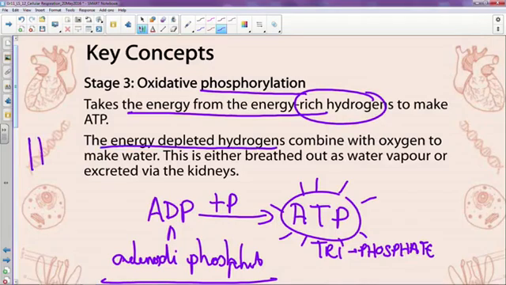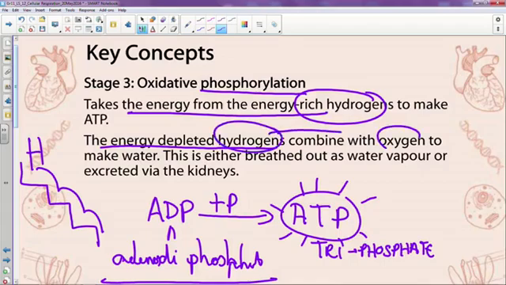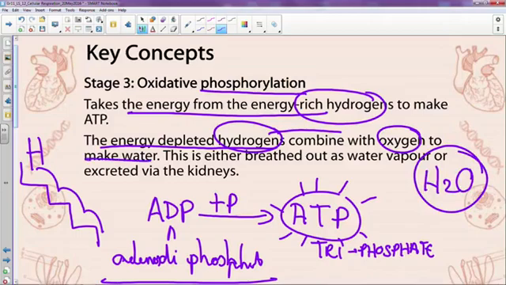So hydrogen, guys, is highly energized, and through a series of cyclic steps gradually starts losing its energy in what we call the energy transfer system, to eventually become de-energized. That de-energized hydrogen combines with oxygen to form water as a waste product. This water is either exhaled or the water vapor is excreted by the kidneys.